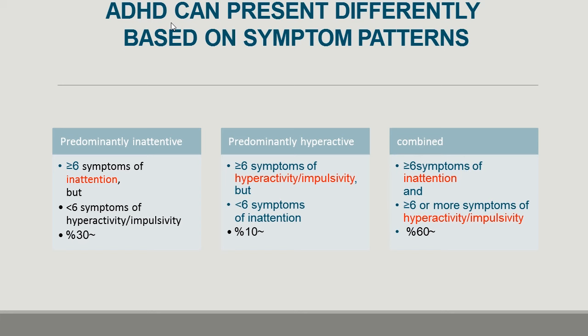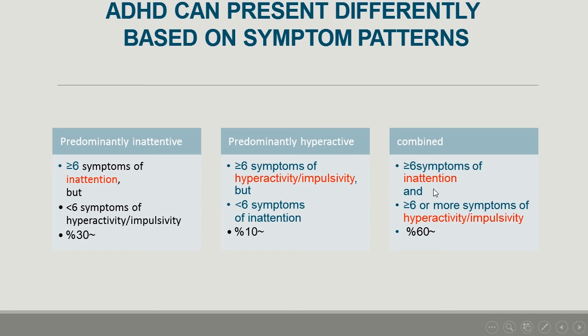What is the predominant symptom? Are the symptoms exceeding the cutoff, that is 6 symptoms, predominantly the inattention symptoms? So in this case, the child will be diagnosed as ADHD, predominantly inattentive type. Or are the symptoms that exceed the cutoff the hyperactive ones, so the child here is of the hyperactive-impulsive subtype.